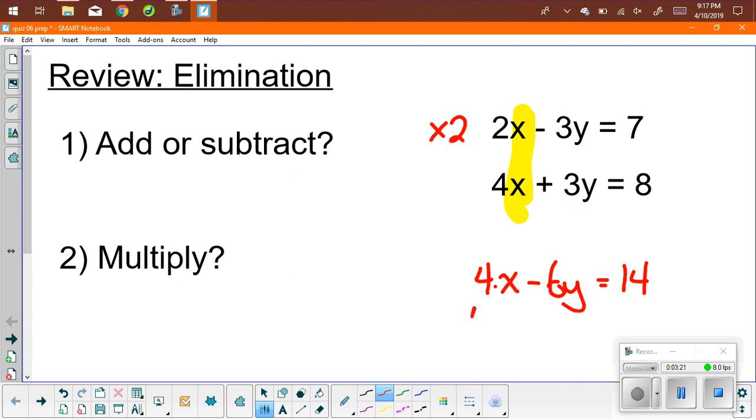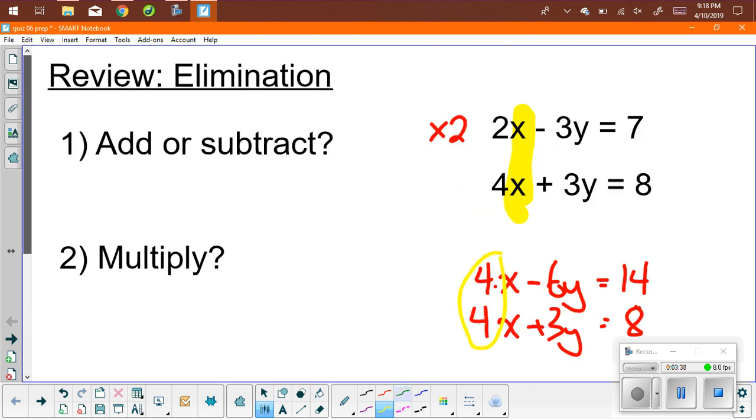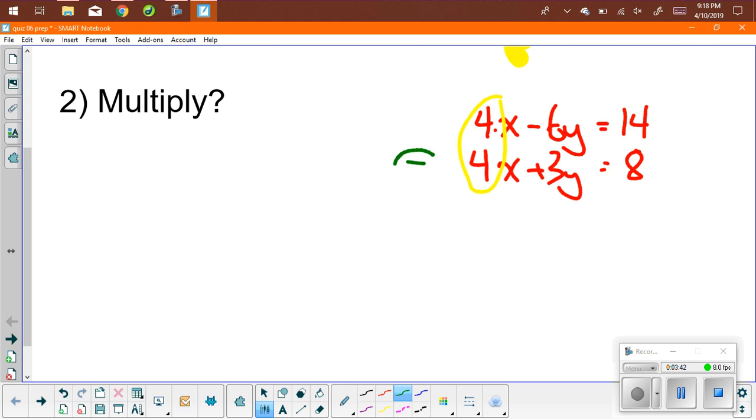And the other one I would leave alone: 4x plus 3y is 8. Now I have a matching pair. The 4's here are the same, and they are the same sign, so I would want to subtract in this case.